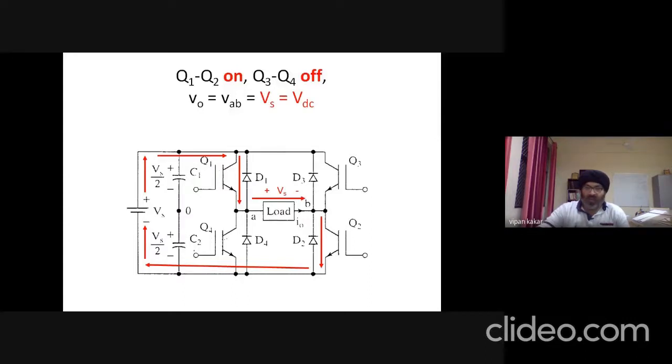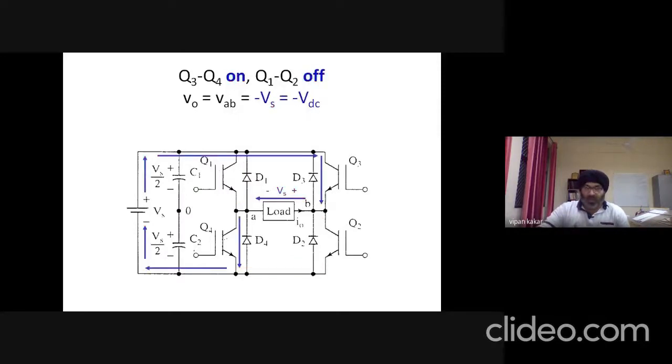So whatever supply we have over here is now appearing at the load. So complete supply, assuming all the switches to be ideal in nature, complete voltage supply without any voltage drop in between will be appearing at the load. So it is equal to Vs equal to Vdc.